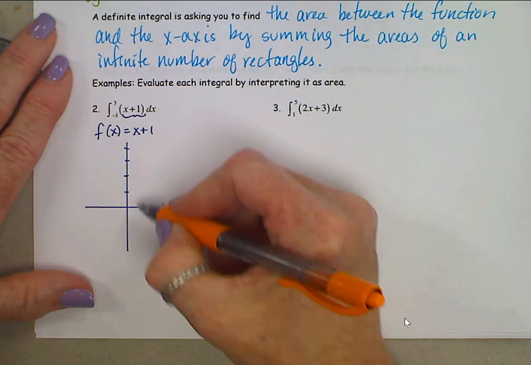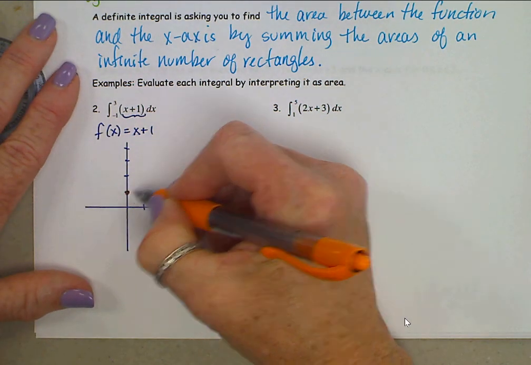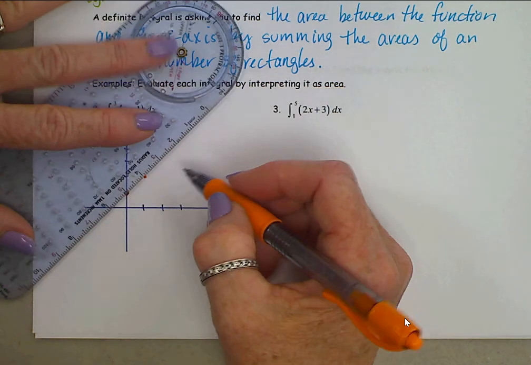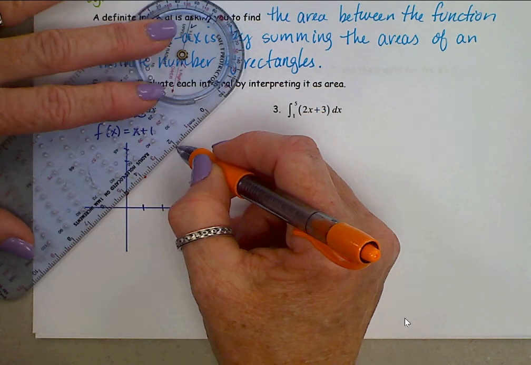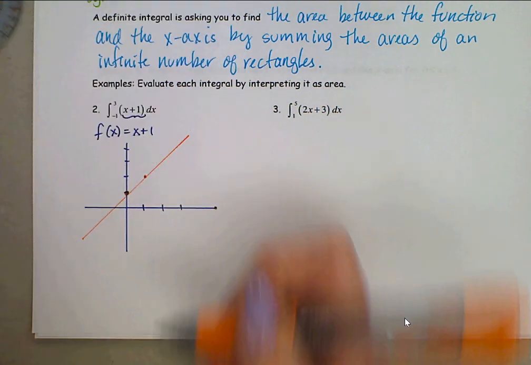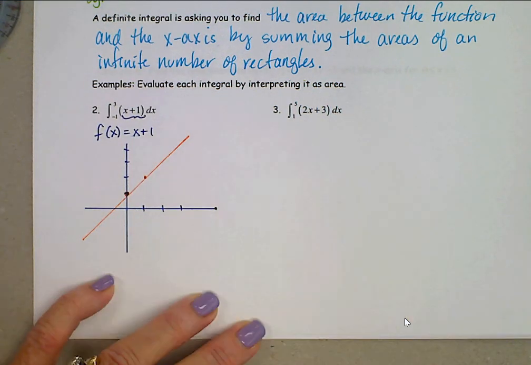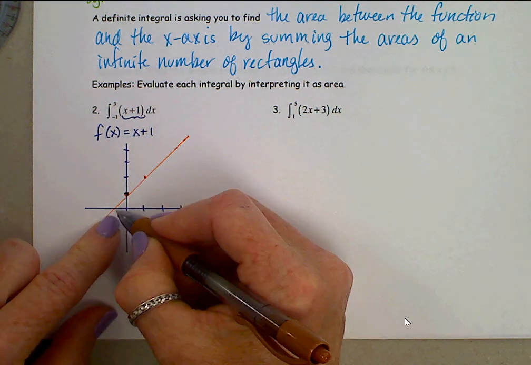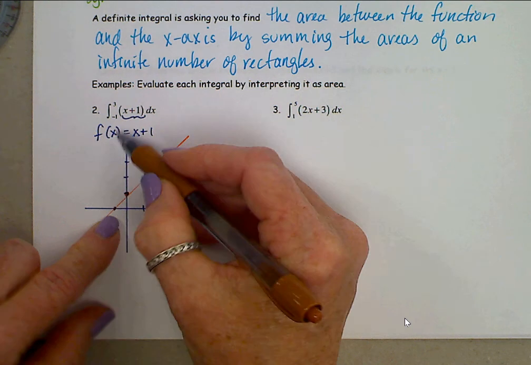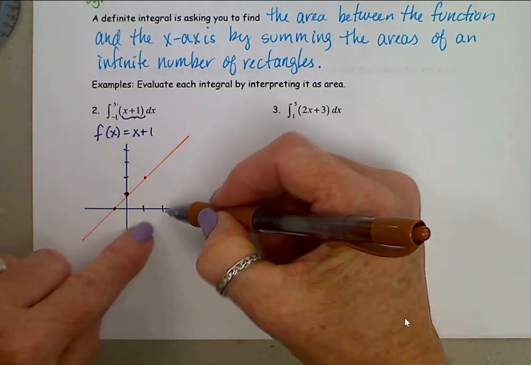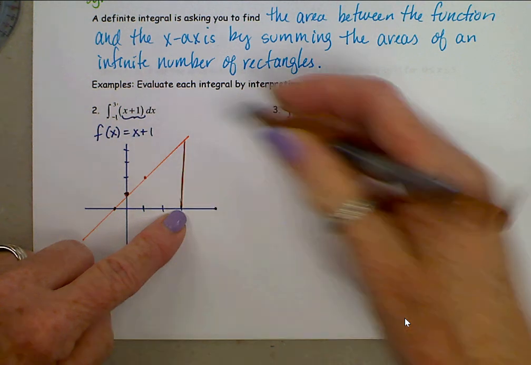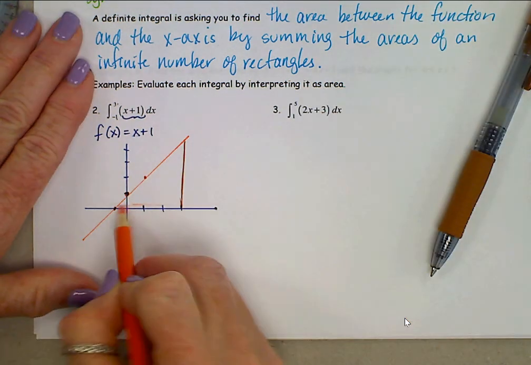That graph has a y-intercept of 1 and a slope of 1. Looks like this. And we want to find the area underneath that line from negative 1 right here up to 3, that upper bound 3. That's the area that we want to find.